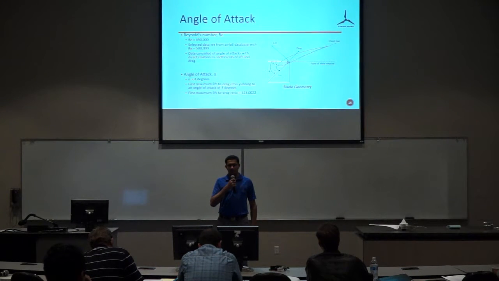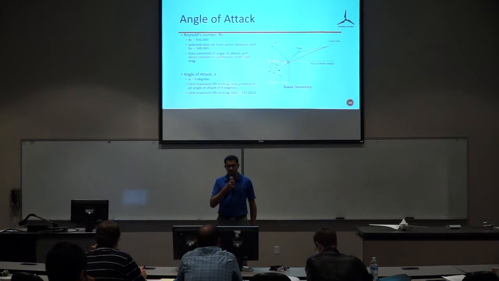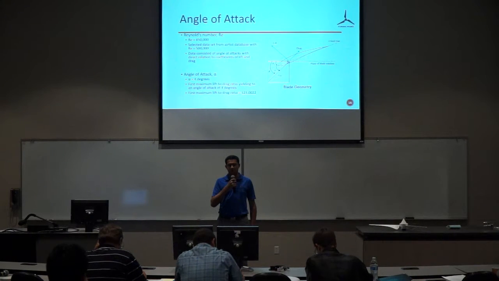For the angle of attack, it was determined first by the Reynolds number. We calculated our Reynolds number to be 450,000. The selected data set from the airfoil database had a Reynolds number of 500,000, so it was close enough to use that data set to find the angle of attack.